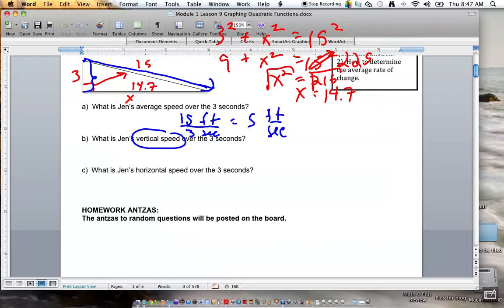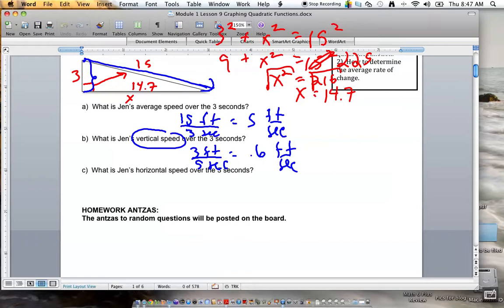How much did the height change, guys? 3 feet. So I'm going to do 3 feet divided by 5 seconds, which is 0.6 feet per second. And that is what we would call the vertical speed. In other words, I'm only going to look at the change in the vertical component of the height. It's changed 3 feet in 5 seconds, so it's 0.6 feet per second.